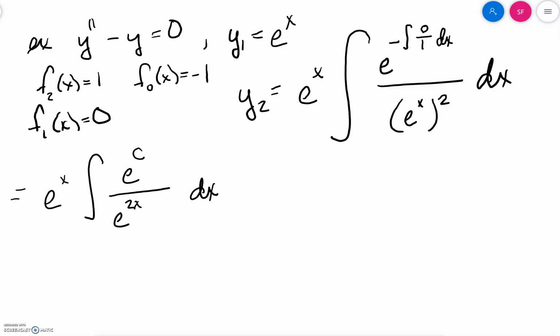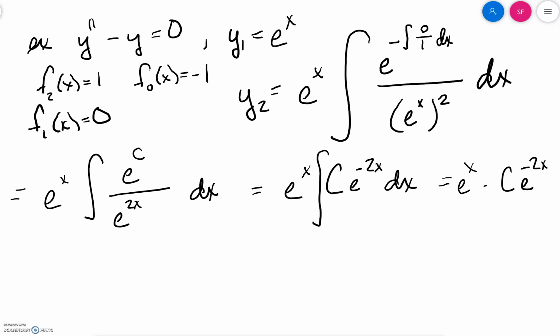And let's just remind ourselves that e to a constant is just a constant within itself. So let's go ahead and rewrite that as e to the x times some constant, integral of some constant e to the negative 2x dx.